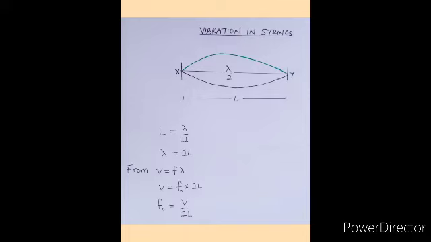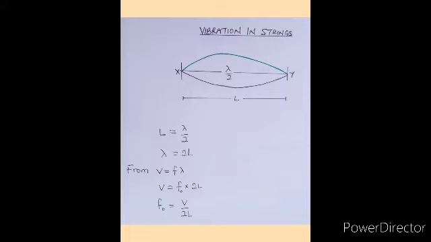So we can say that the length of the string for the fundamental note is equal to half lambda. So if we make lambda, which is the wavelength, subject of formula, we'll have that lambda equals 2L.